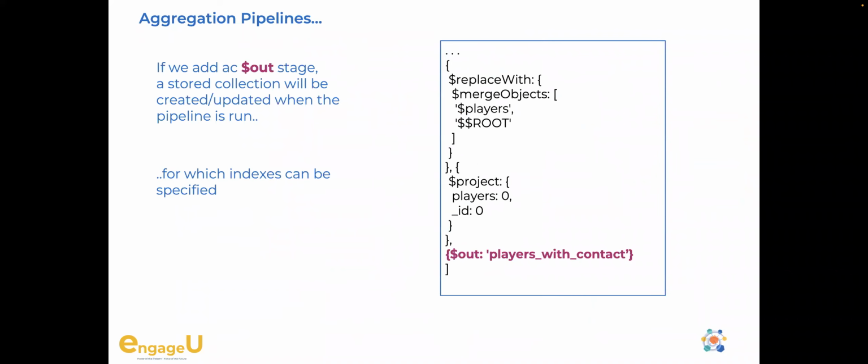You can add this element at the end, $out players with contact, and then when you run it, it will create that collection, call it that, and populate it. And if you run it again, it will effectively truncate the existing object and replace it with a new set of data. And you can put indexes on that and make queries on that very quick.